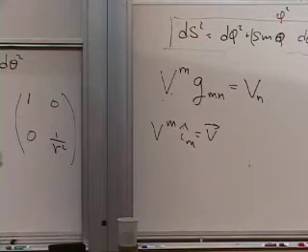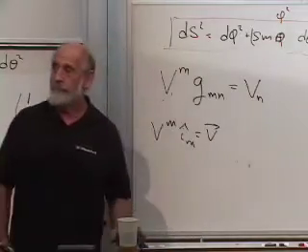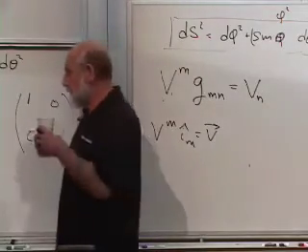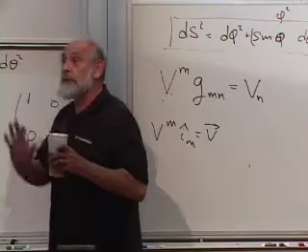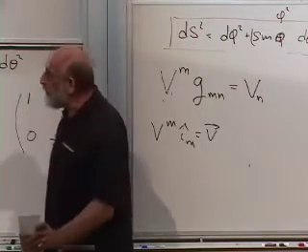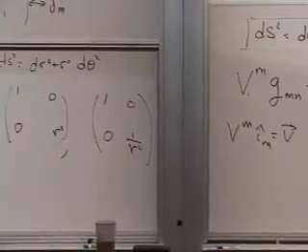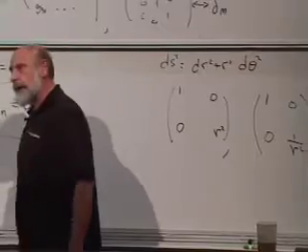Question? Yeah. Going back to the other blackboard, can't there be tensors that don't have inverses? There are, but the metric tensor is never one of them. Let's not prove that now.